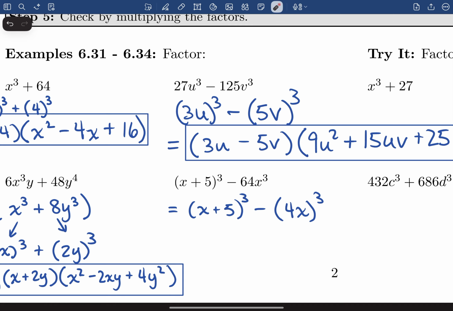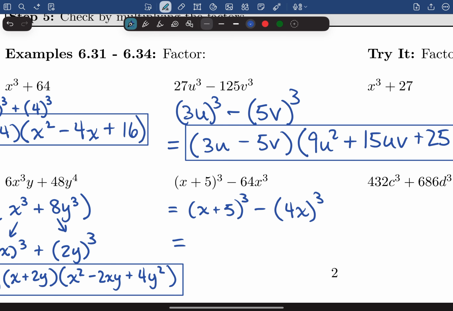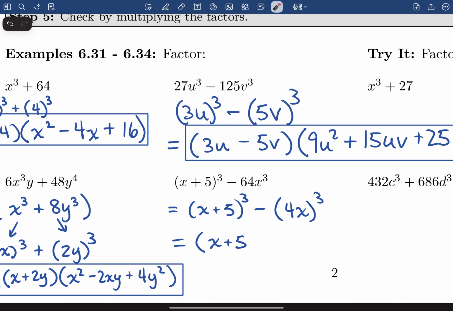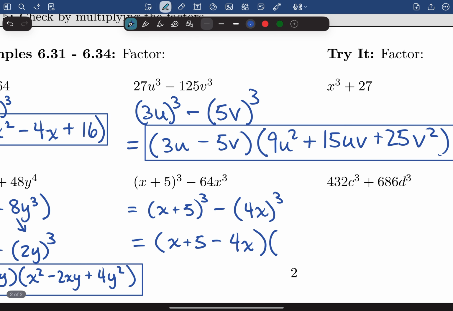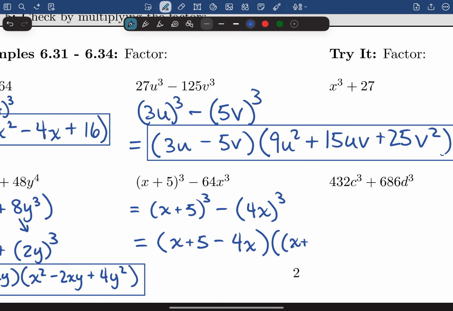So I'm going to now factor by writing those two things, which are x plus 5, and then I put a minus sign, right, because this is the difference of cubes, minus 4x. So that's what I get. Now, I multiply that with x plus 5 squared plus x plus 5 times 4x.